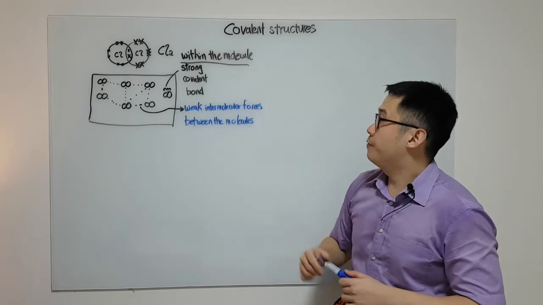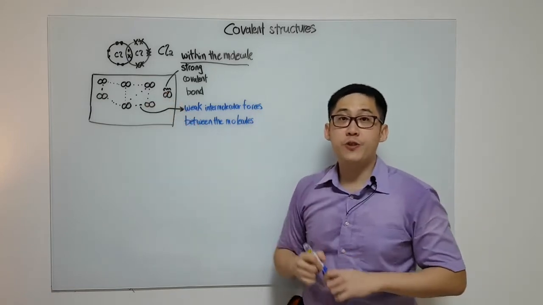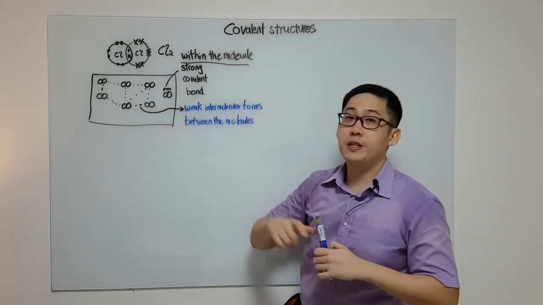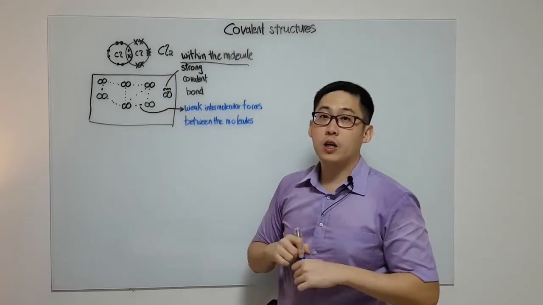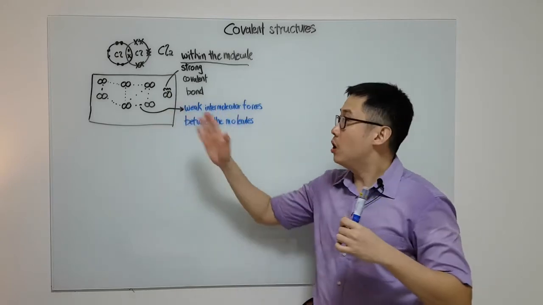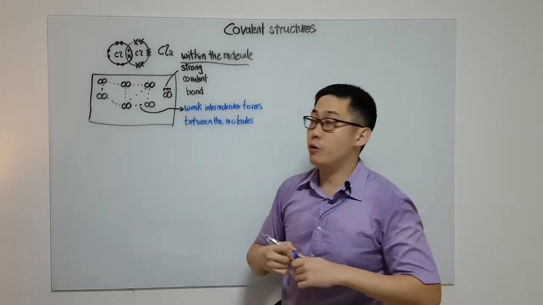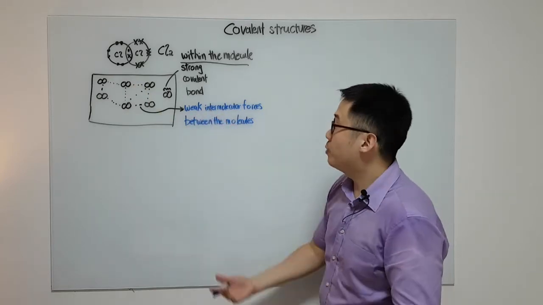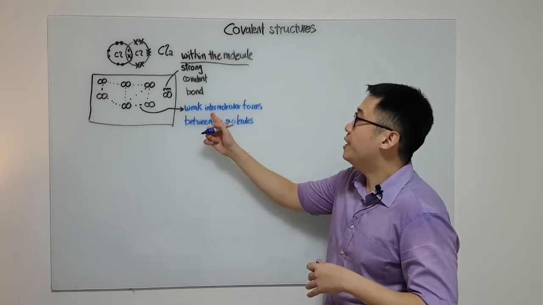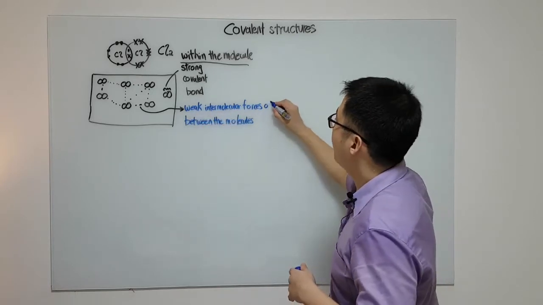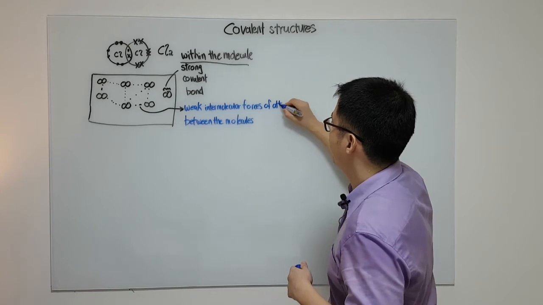These forces hold all these chlorine molecules close to each other, but they are still generally weak. They attract, so that's why, to be more precise, they are called weak intermolecular forces of attraction.